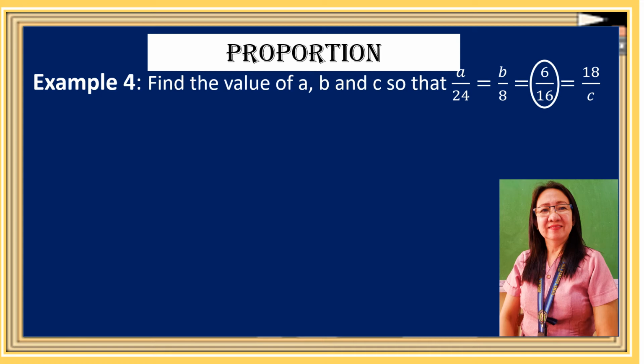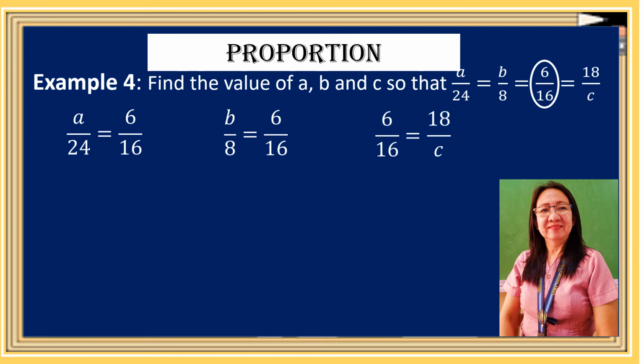To find A, let us choose the proportion A is to 24 is equal to 6 is to 16. Similarly, to find B, we will use the proportion B is to 8 is equal to 6 is to 16. And to find C, the proportion 6 is to 16 is equal to 18 is to C.